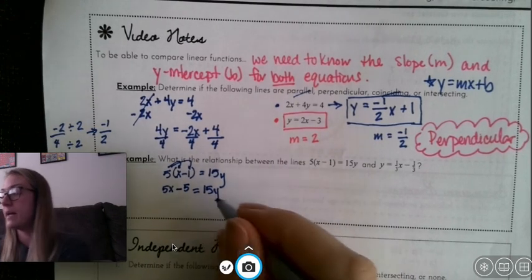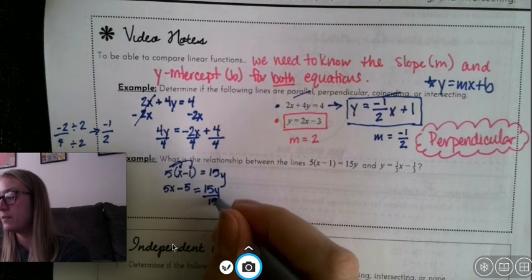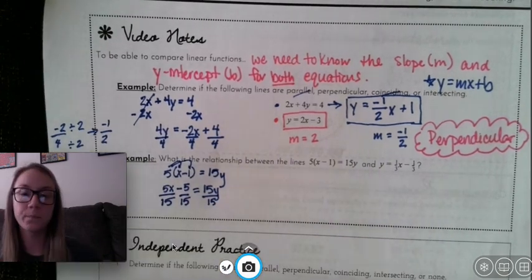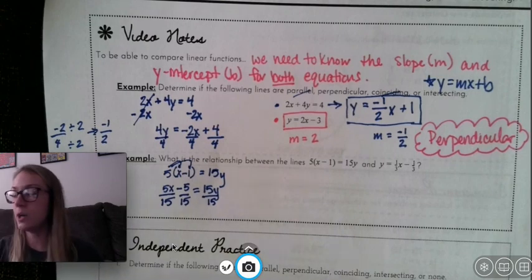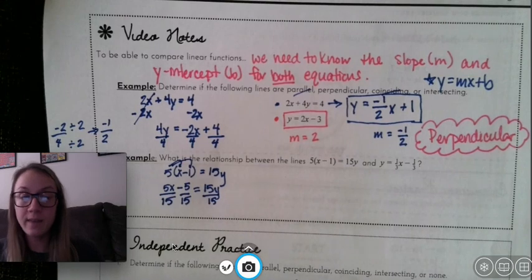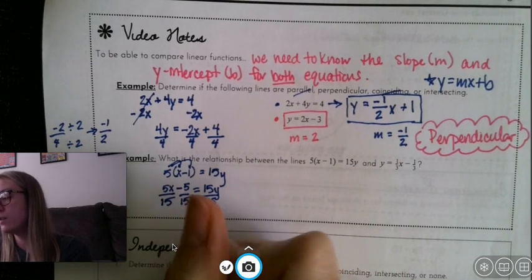My y is not by itself, so I want to divide by 15, which means I have to divide everything by 15. And so I'm going to have a fraction 5 over 15, which I can divide the top and bottom number by 5. And so I end up with a fraction of 1/3.